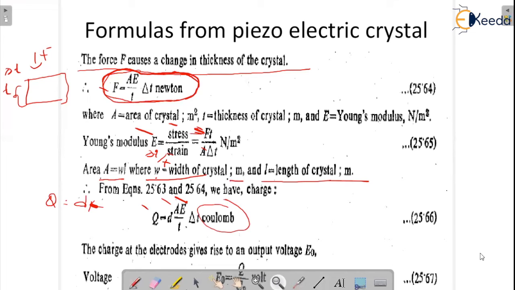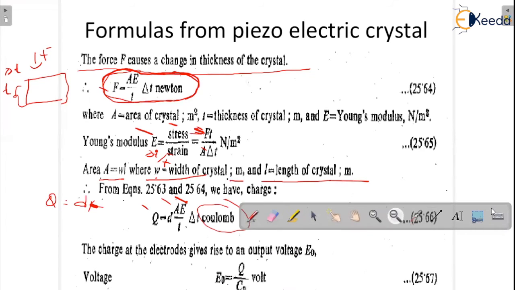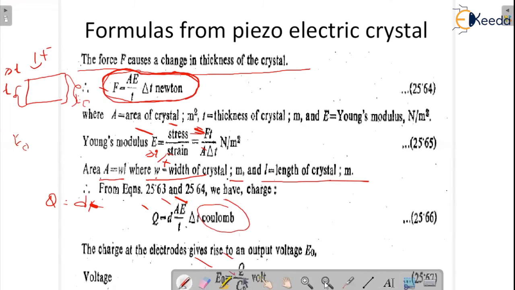One more important formula: because of this charge, which appears outside, the formula for E naught is equal to Q by Cp, my dear students. This formula is pretty important. You should remember it: E naught equal to Q by Cp.